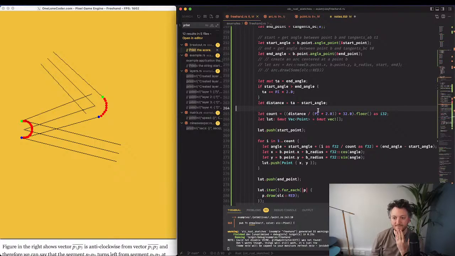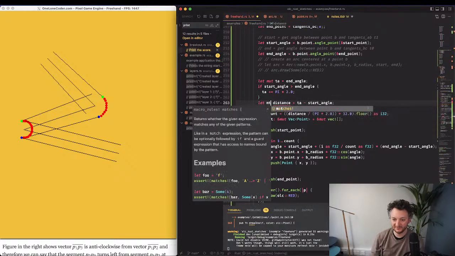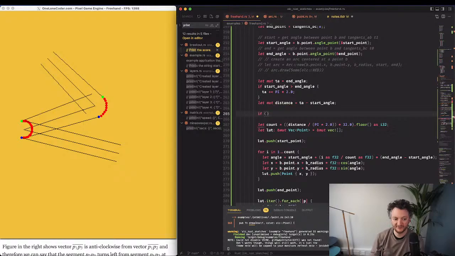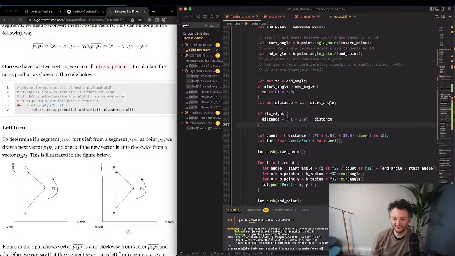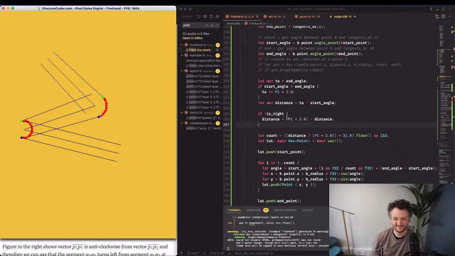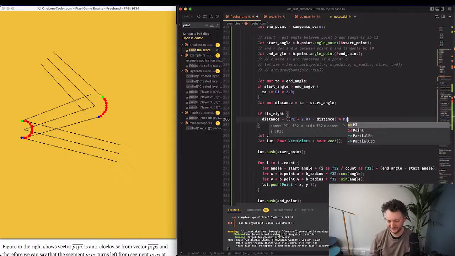And so this is the short angle. So if we wanted the long angle, if it's not a right-hand turn, then maybe this is where we do distance equals pi times 2 minus distance, modulo pi times 2.